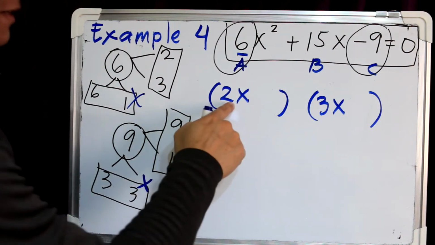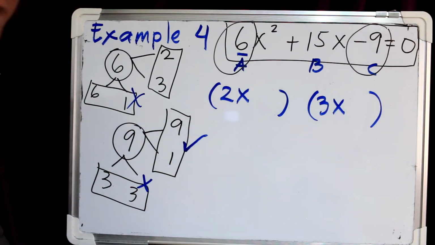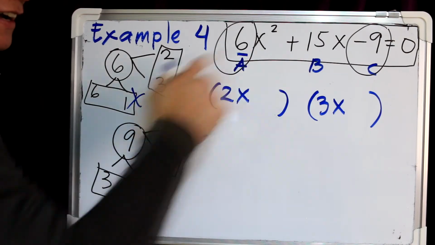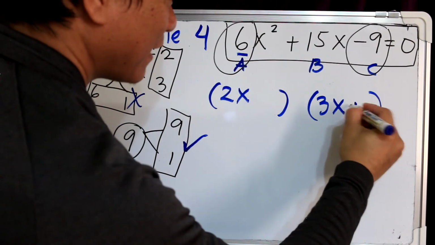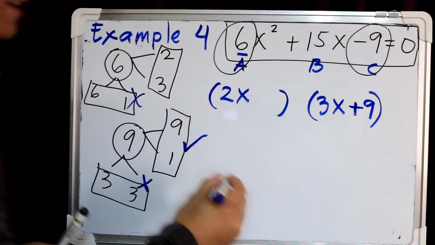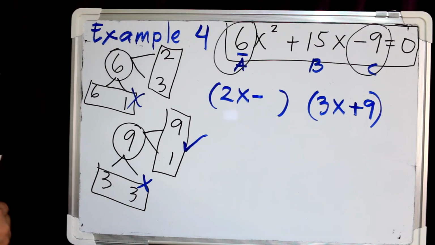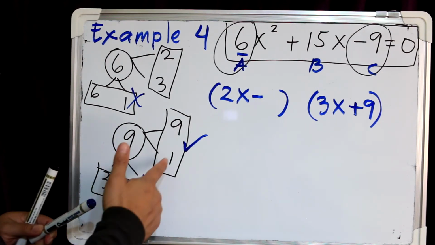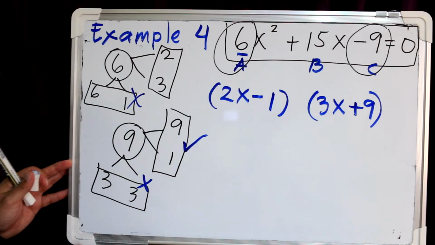So that means you are going to write a plus 9 there in order to get plus 15. Okay, so we will write plus 9. So this is 3x plus 9. So obviously this is minus here. Okay? Now, since it's only 9 and 1, so we'll write 1.